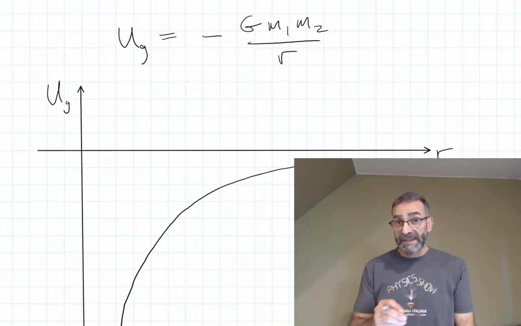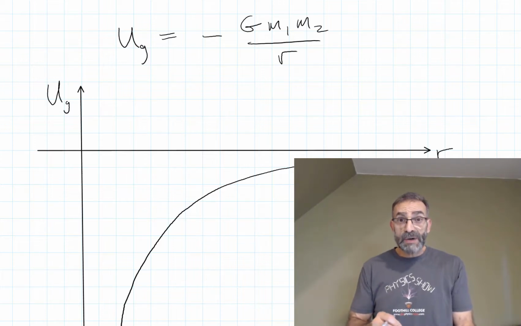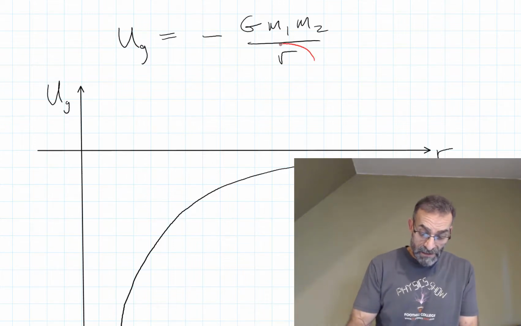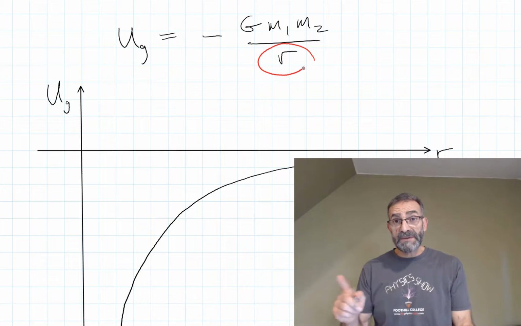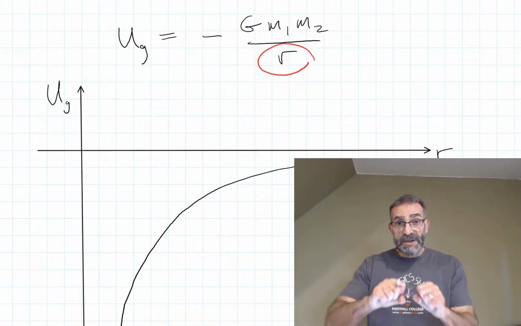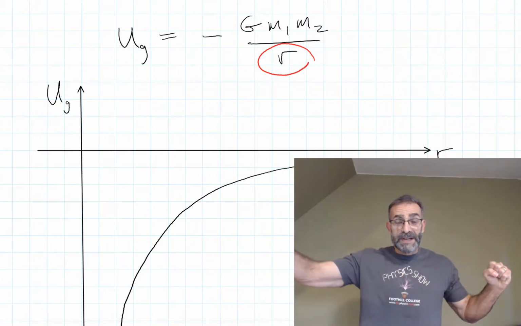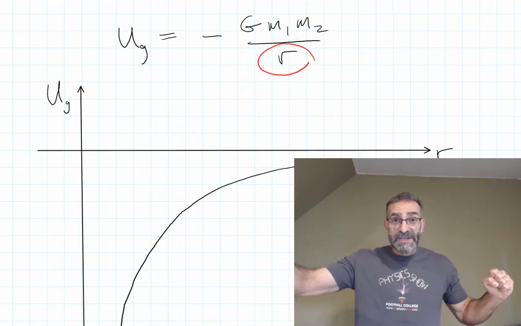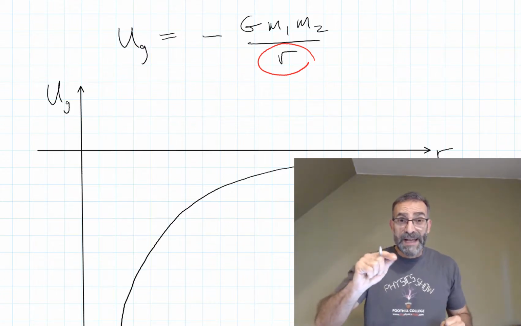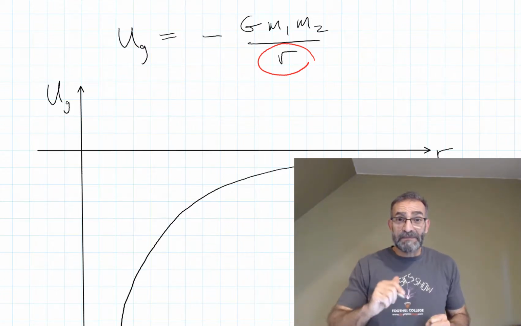There's another interesting thing about this equation. Where does the energy go to 0? It goes to 0 when r goes to infinity. When the objects are infinitely far apart from each other, our gravitational potential energy is 0, and that's the maximum it can be.